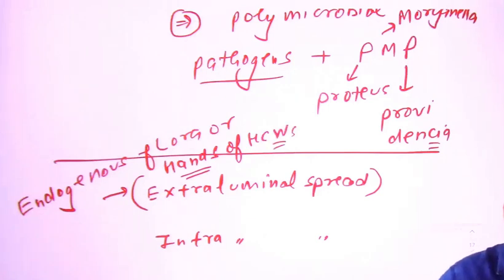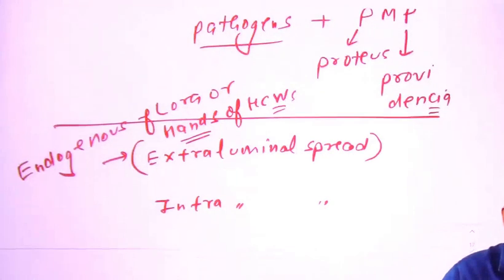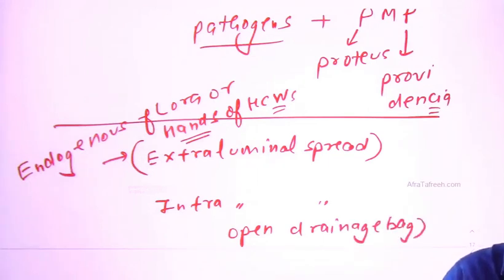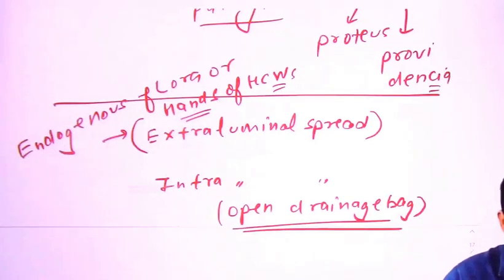For the intraluminal one, it is the drainage system. There might be an open drainage bag which allows organisms to enter and leads to infection. So extraluminal is with endogenous flora and the hands of the healthcare worker, and intraluminal is due to the open drainage bag.